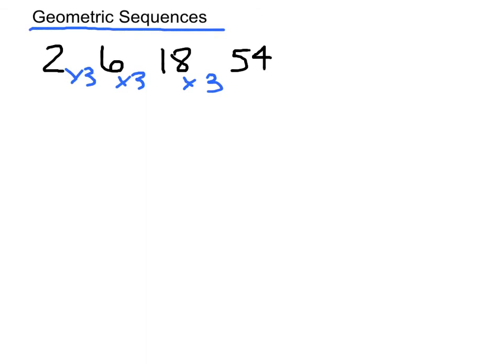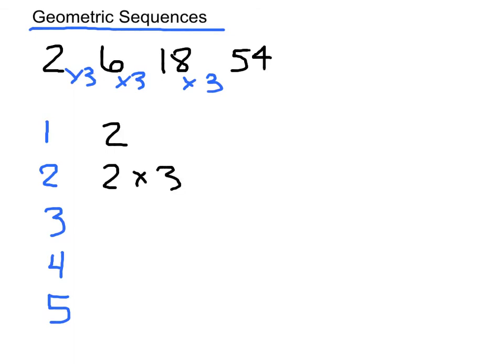Let's first look at it explicitly. So first term, second term, third term, fourth term, fifth term. My first term is 2. And my second term is 2 times 3. That gives me 6. And my third term is 2 times 3 times another 3. That gives me 18.